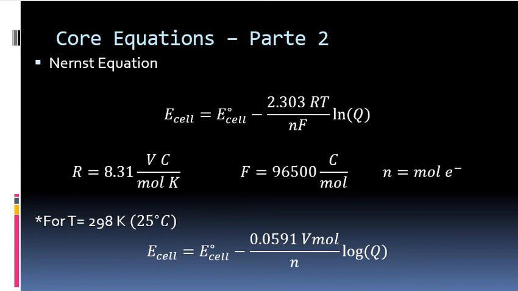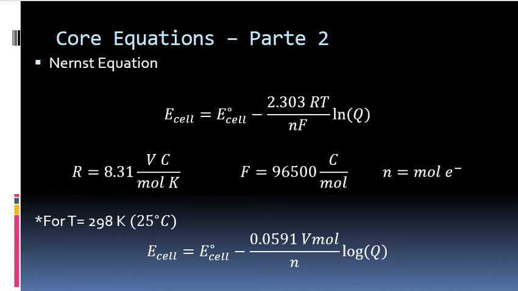Now, I'm not going to test you on this kind of formula. Instead, I'm just going to let you use the more simplified formula, which essentially goes like this. Say you're at a temperature of 298 Kelvin, so 25 degrees Celsius, standard conditions.